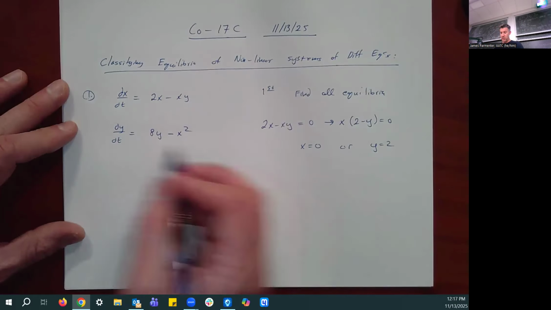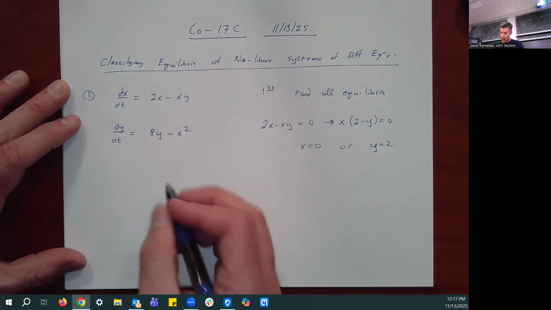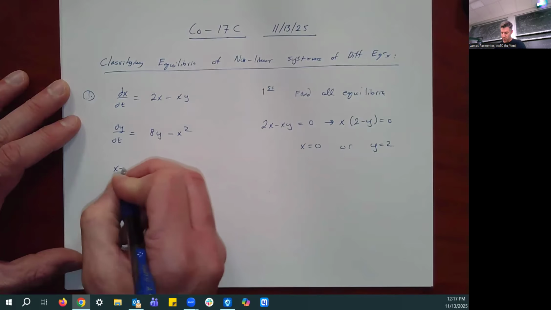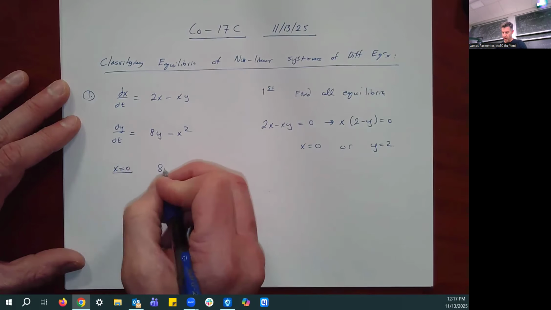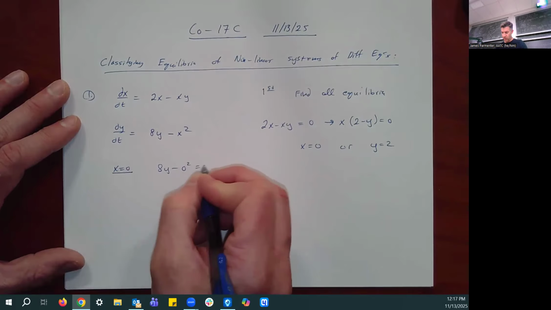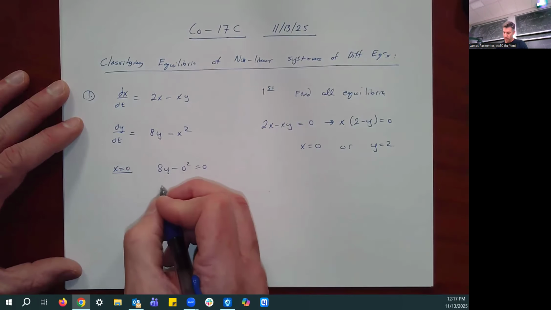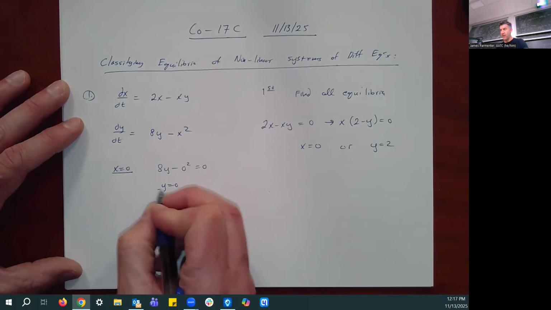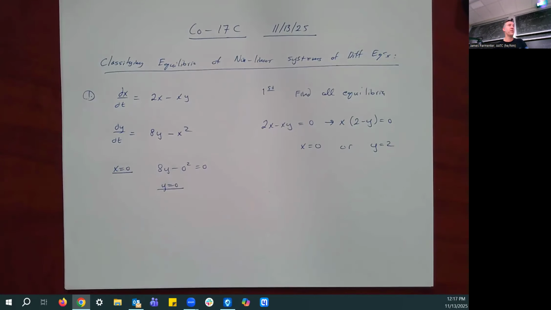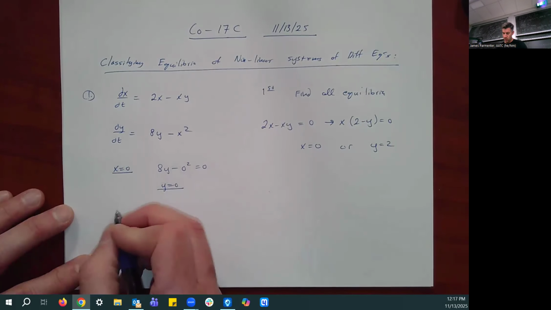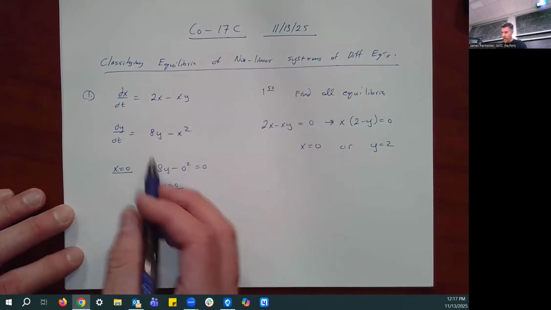So we take each of those and substitute them into the other equation. First, setting x equal to 0, we have 8y minus 0 squared equal to 0, so y equals 0. It's not a given, but it is very often the case that (0, 0) is still an equilibrium for these nonlinear systems as well. It doesn't have to be, though. So (0, 0) is one equilibrium.